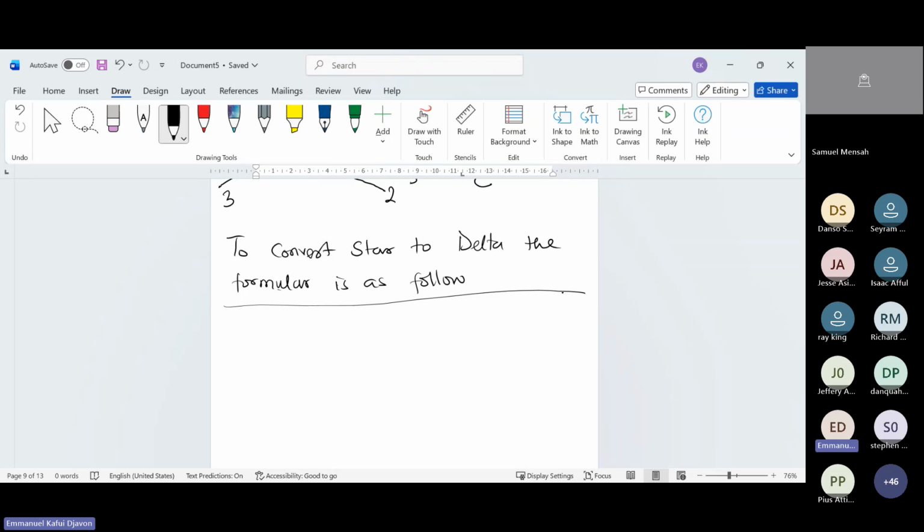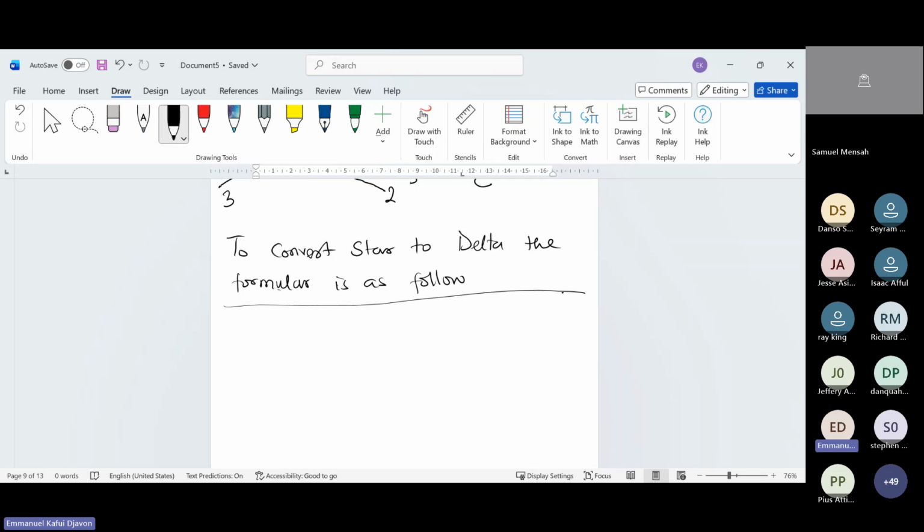So to convert the delta to star, I will not really stress you with the proving of the formula, because for you as computer science students, you don't really need the proving. So I will show you the formula that we use to do the transformation.